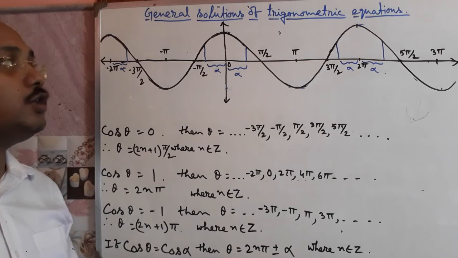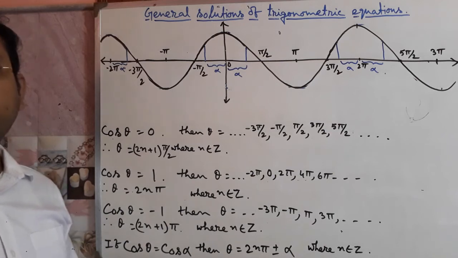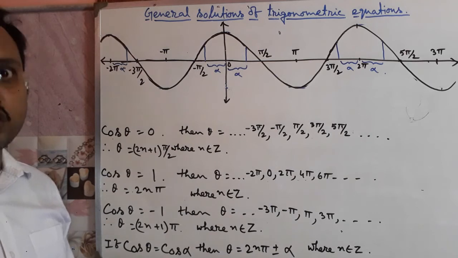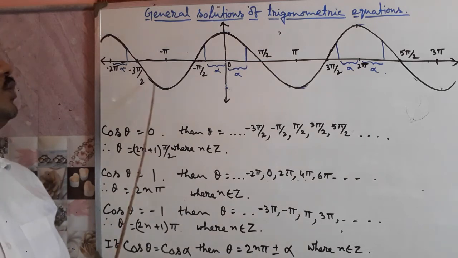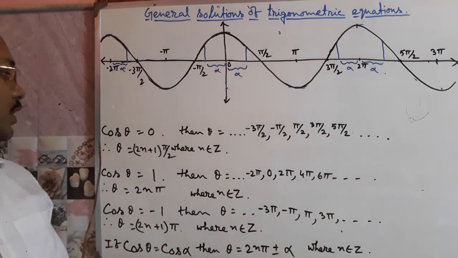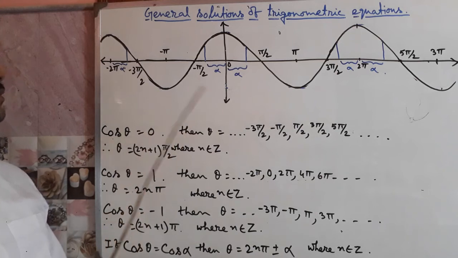Again, the general solutions of trigonometric equations containing the function cos. Now you see this is the graph of cos theta. If cos theta is equal to 0, for which values of theta do we see cos theta equal to 0?